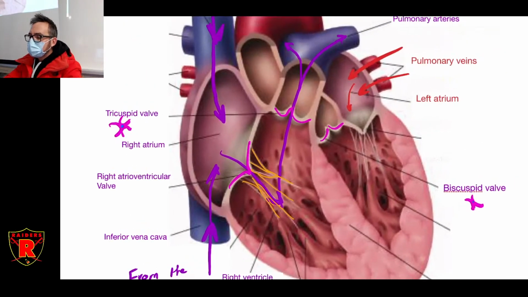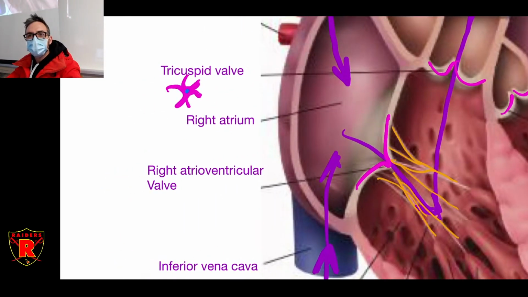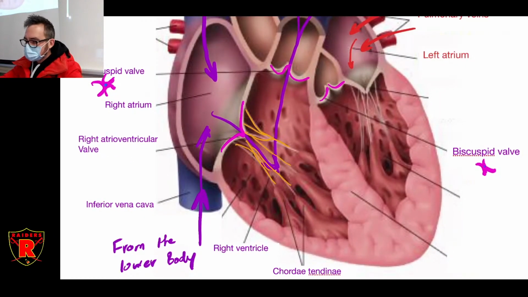It's because you have to imagine that you are facing a person, and this is their right atrium, their right AV valve, whatever. So they're facing you. So what's on your left-hand side is their right, which is why it's called the right. I don't know why, but that one thing really tends to mess people up: it says right, but it's on the left-hand side of the diagram. It's because they're facing you. So this is for a person that's facing you.